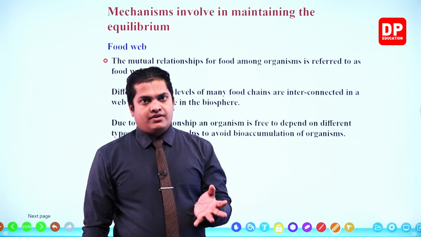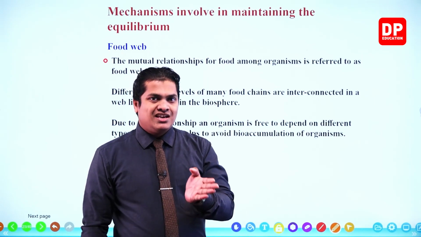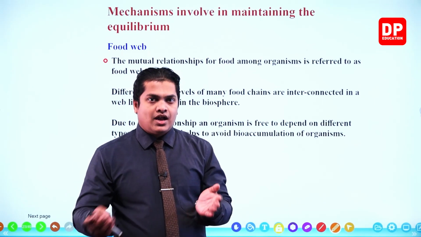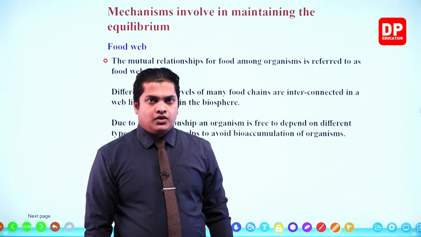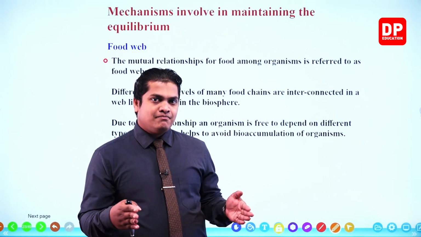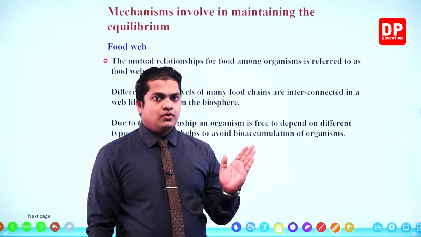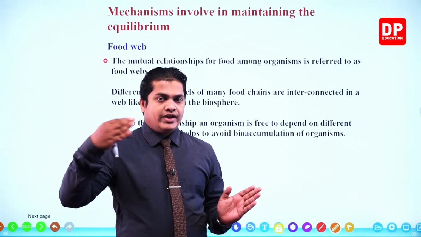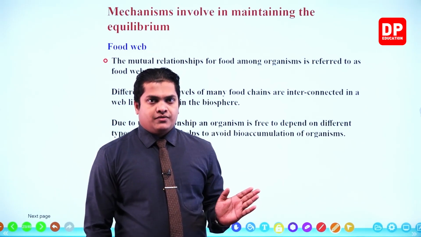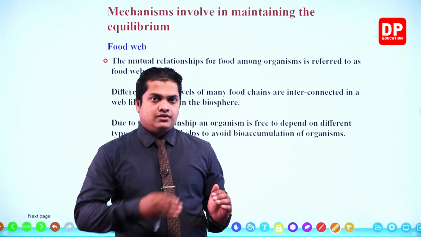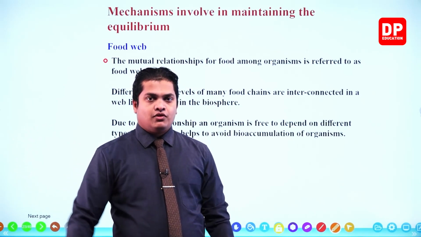Rabbit, we can't take rabbit, right? From rat to a cat, from cat to an eagle, and so on. So this is a simple linear path from one autotrophic organism to a consumer, from one organism to another. This is just a single flow.